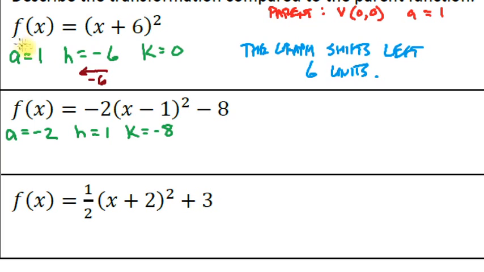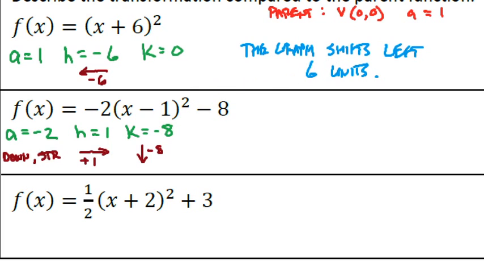K does nothing and a does nothing. All right, the a is negative 2. That means it's going to now be down and it's going to be stretched. H value equals 1. That means it's going to move right 1 because positive 1. The k value is negative 8 and that means it's going to go down 8. Because the downward movement is negative 8.